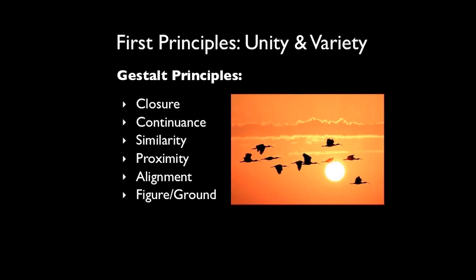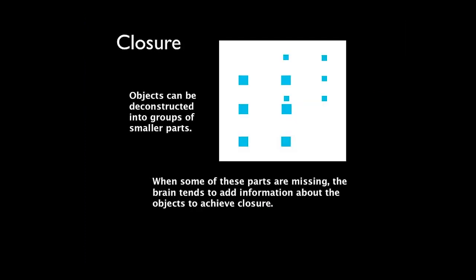So, unity in design. We're talking about the idea of unity and how and why the elements of design are synthesized into these patterns. There was a lot of thought about this, and they came up with these main principles: closure, continuance, similarity, proximity, alignment, and then figure and ground. We'll look at what each of those is.